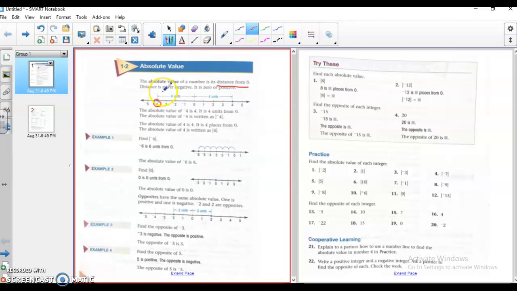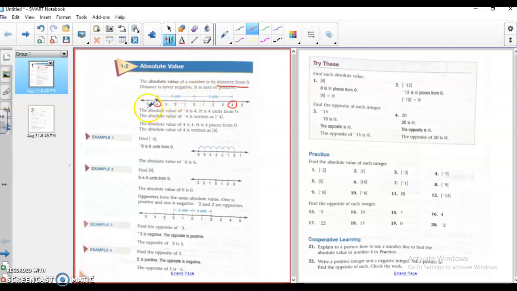Well, it is 4 units from zero. Likewise, if I said, hey, what's the absolute value of a +4? It is 1, 2, 3, 4 units from zero.